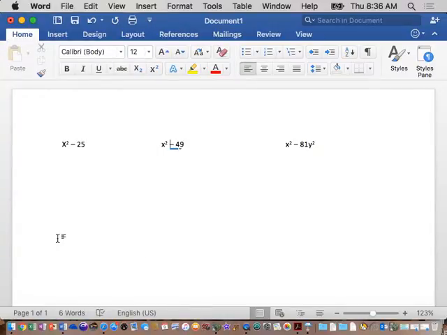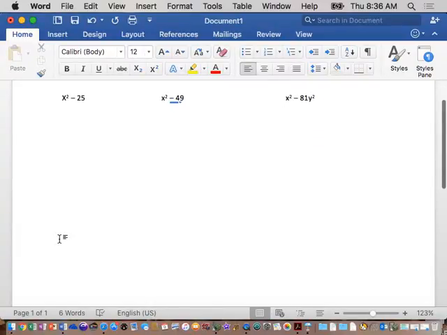Very quickly on your own paper, try to factor those 3. First one, second one should be easy, third one should be almost easy. Give everybody else about 30 more seconds.